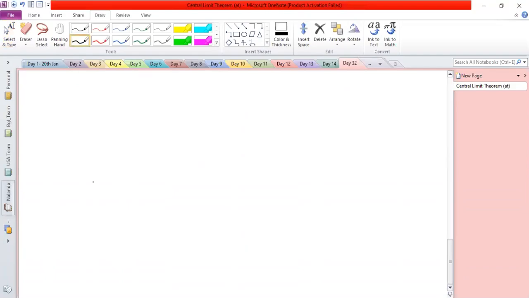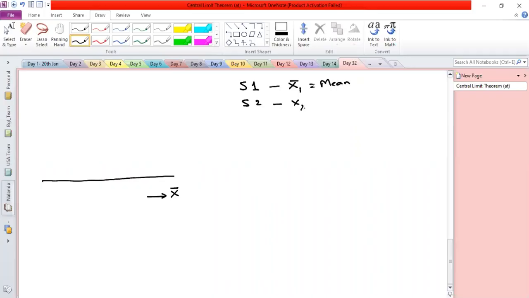If I plot a histogram with various samples, which I'm calling X bar, because your S1 sample has X1 bar, the mean of the sample, S2 will have X2 bar, and like this it will go.